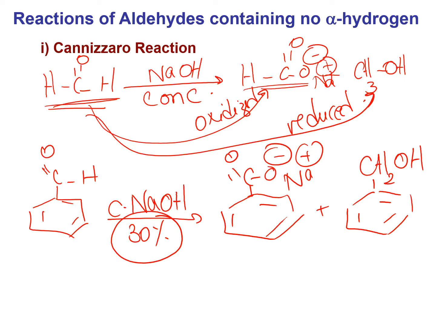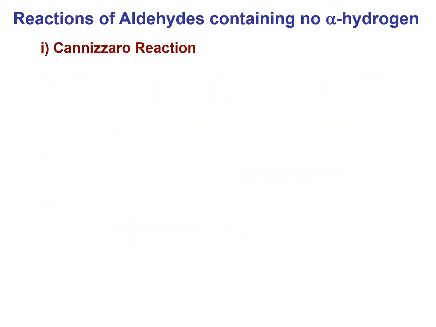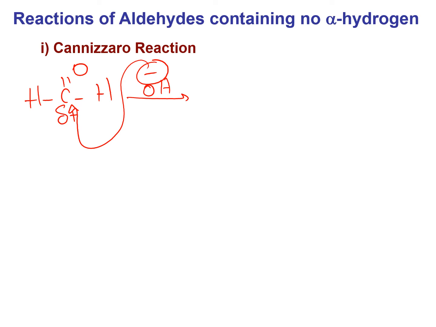What is the mechanism of this reaction? The mechanism of this reaction is that you have a carbonyl that is carrying a partial positive charge and you have a hydroxyl group from the sodium hydroxide that is carrying a negative charge.